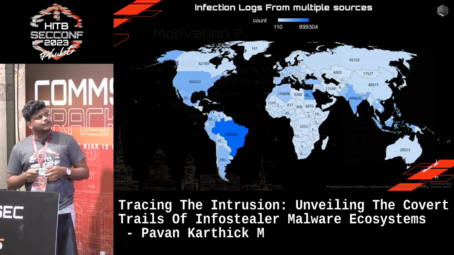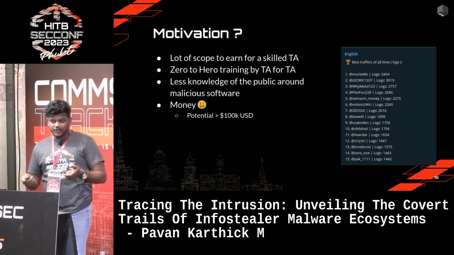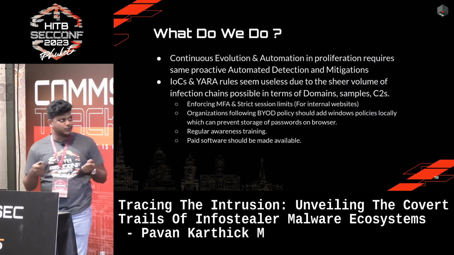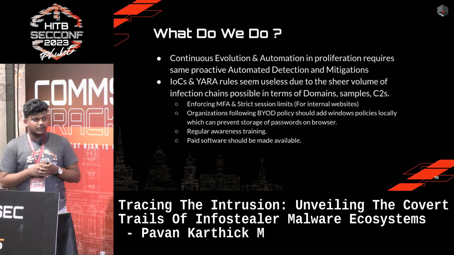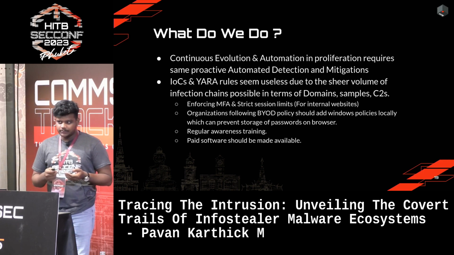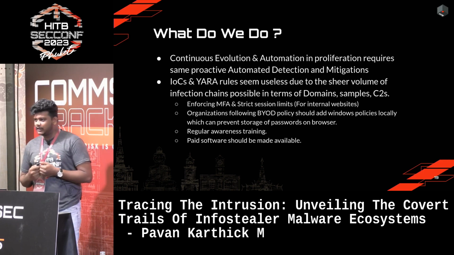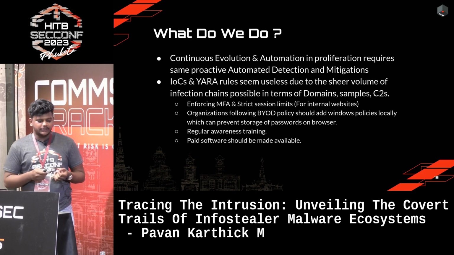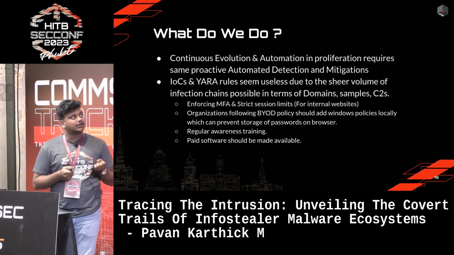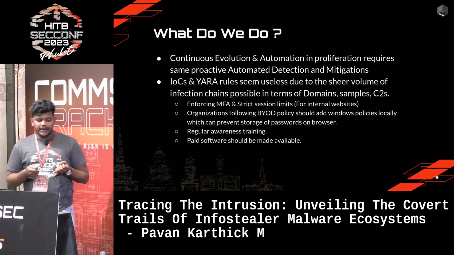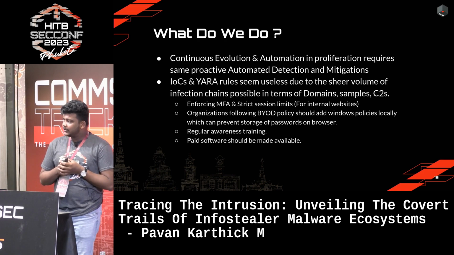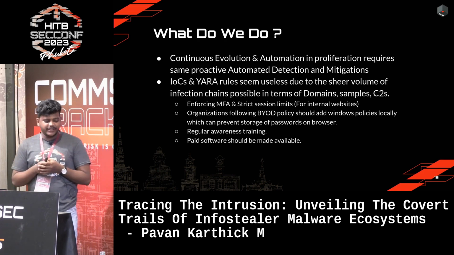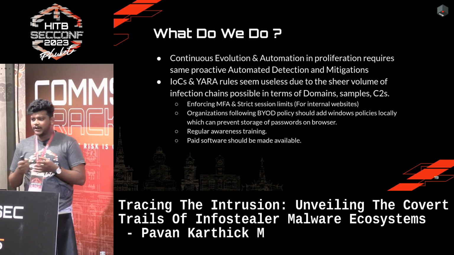Now, we have talked about what their motivation is. So what do we do to prevent ourselves? They are continuously evolving, so we should also continuously evolve, invest in detection engineering, and automate detection and mitigations. Every time we talk about malware, the one thing which comes to our mind is IoCs.